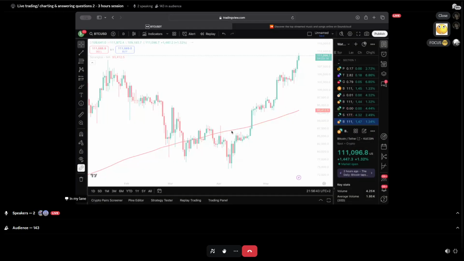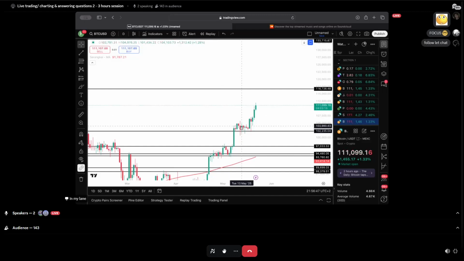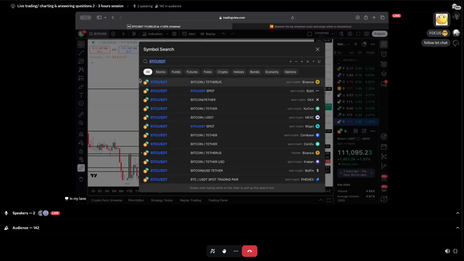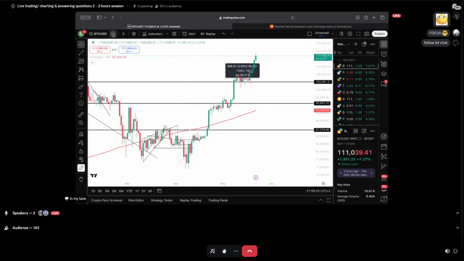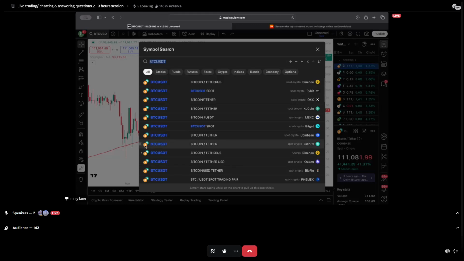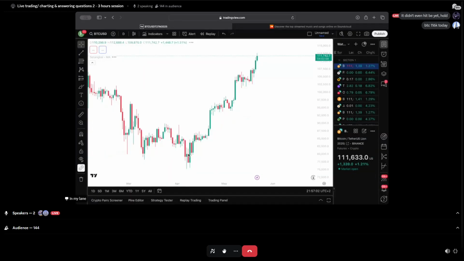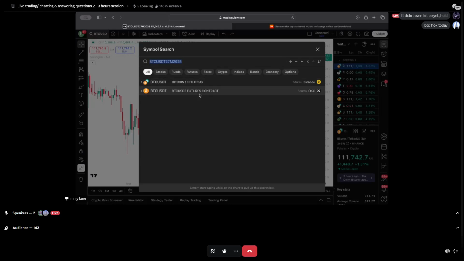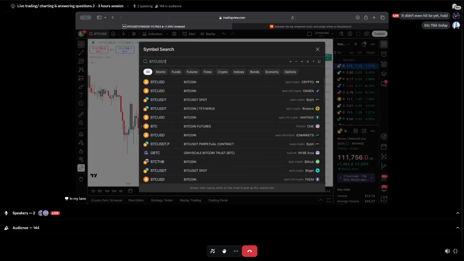It was a live trade. I did hit TP. This one also. Let me just try to find it. Because I usually pick like a random chart. Let's see.